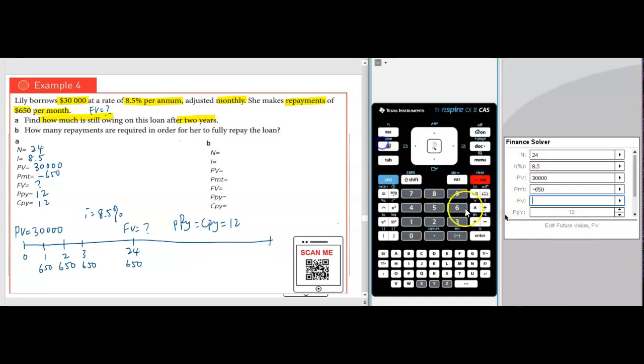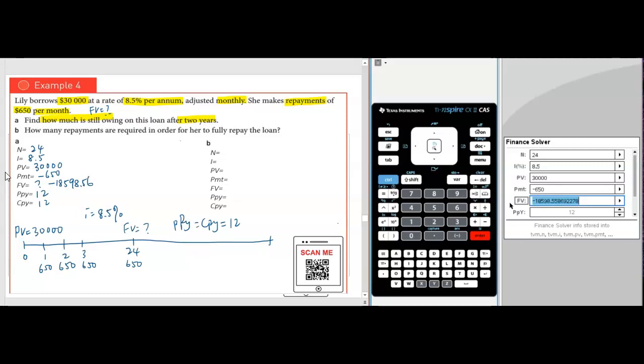Future value is the unknown, delete it off. PPY, CPY all remain at 12. Right, then I enter. So I end up with negative 18,598.56. Negative means what? That's the amount he still owes.